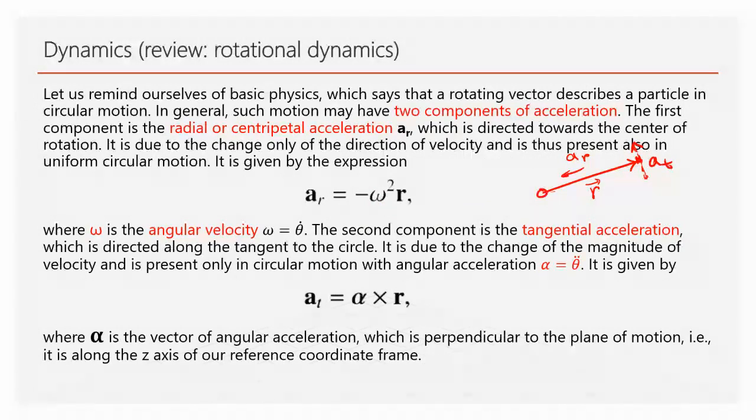Tangential, on the other hand, is just touching the circle. If you have a circle like this, it's a tangent of the circle at each point. All right, so we have two accelerations in the mechanics of the robot. And it's not just robot.